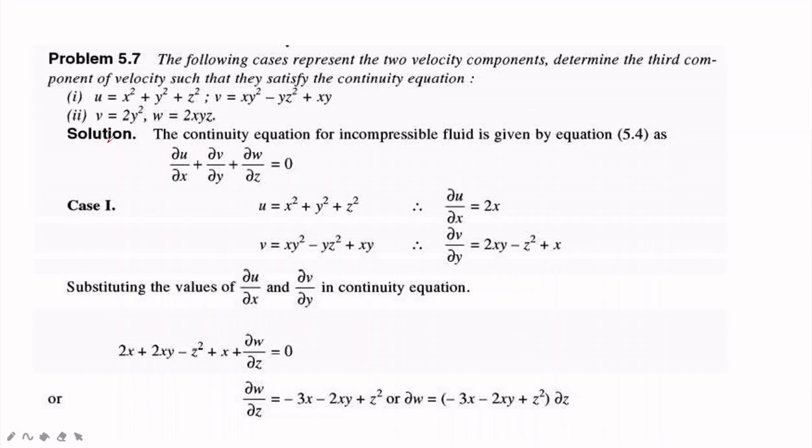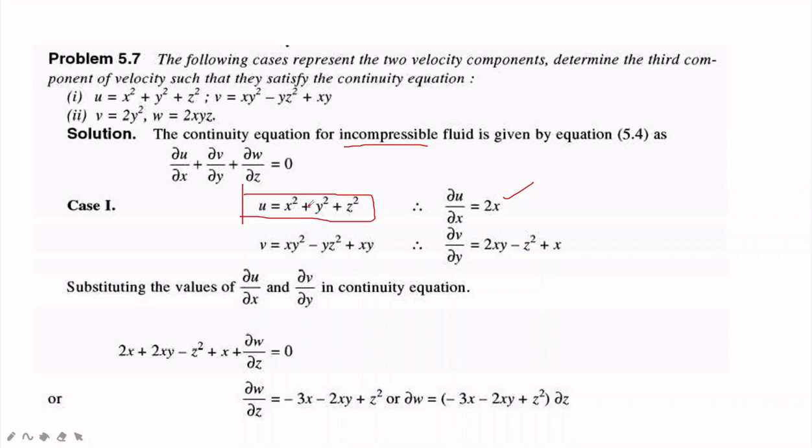What we know is the continuity equation. If they do not give any condition, then you have to follow the continuity equation for incompressible fluid, that is ∂u/∂x + ∂v/∂y + ∂w/∂z. What is u? u is given as x² + y² + z². So what is the partial differentiation of u? ∂u/∂x: differentiation of x² is 2x.